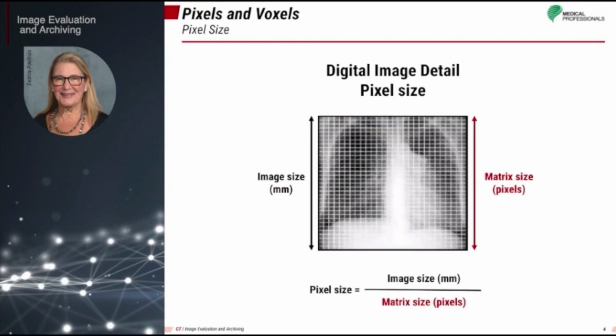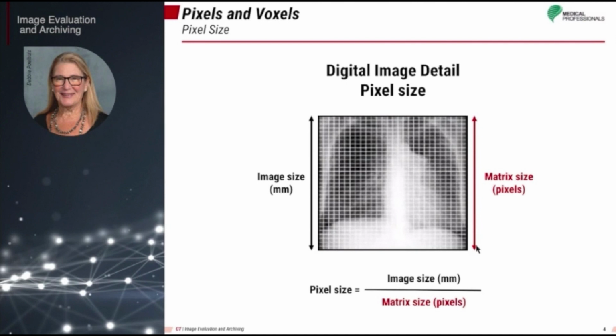CT scanners create digital images that consist of a square matrix of elements that are known as pixels. Each pixel represents a voxel, or volume element, of the tissue of a patient. As a rule of thumb, a CT image should have about as many pixels in each dimension as there are detector channels providing data for a view.